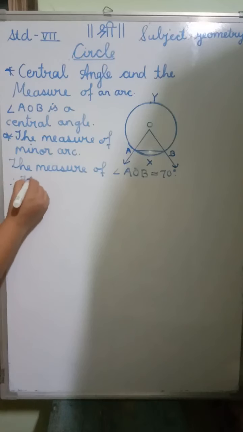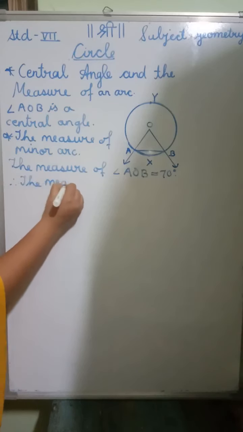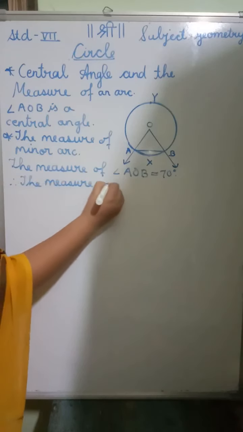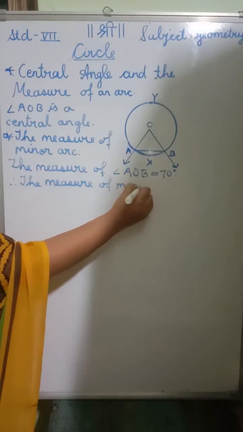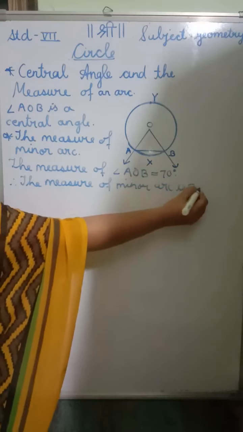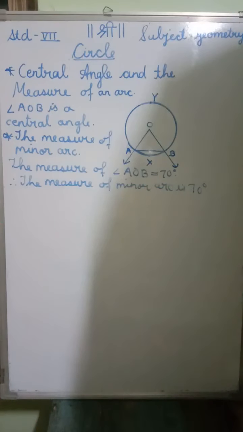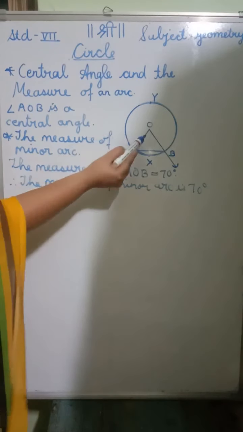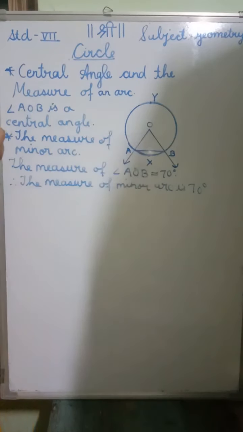Then the measure of the minor arc is how much? Correct. That will also be 70 degrees. We have already studied that the measures of the minor arc and the central angle are the same.